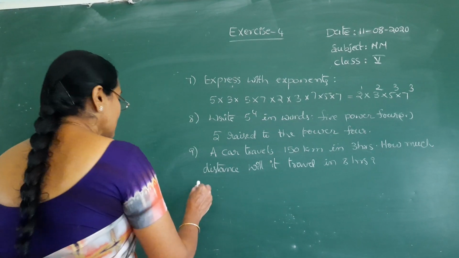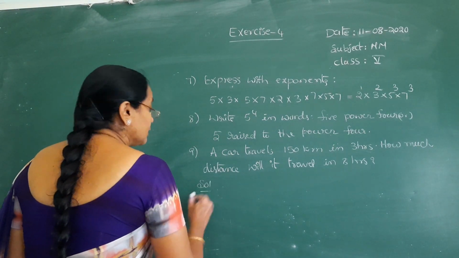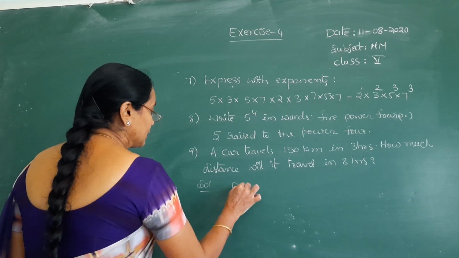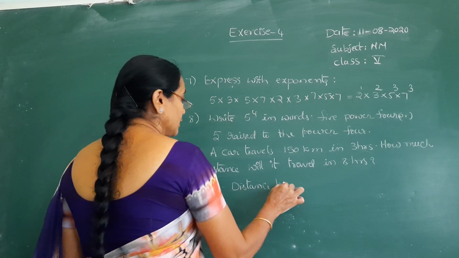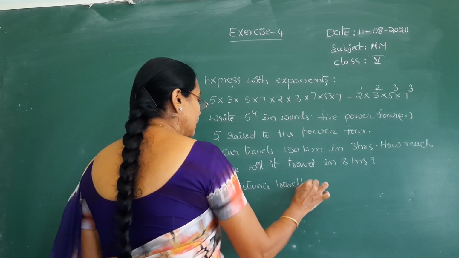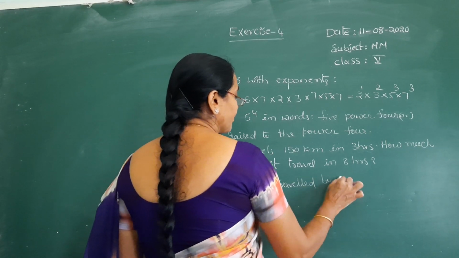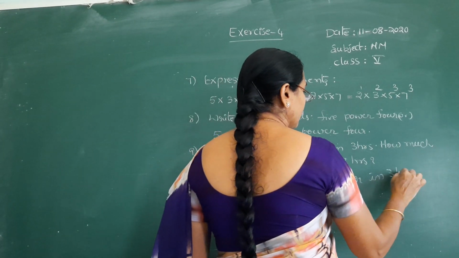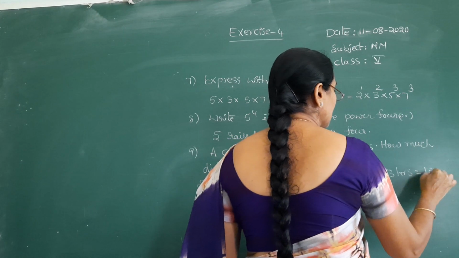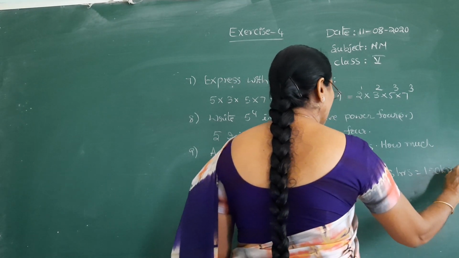See how to write the steps. Distance traveled or distance covered, whichever you wish. Distance traveled by a car in 3 hours is equal to 150 kilometers.